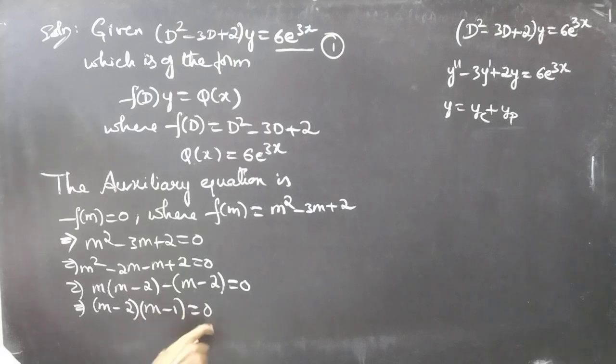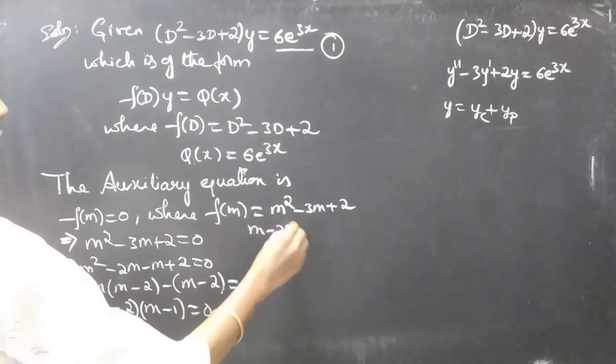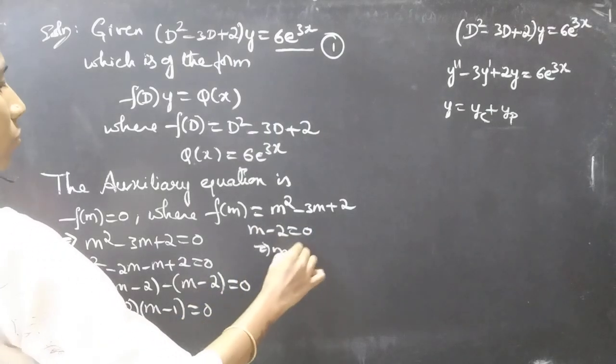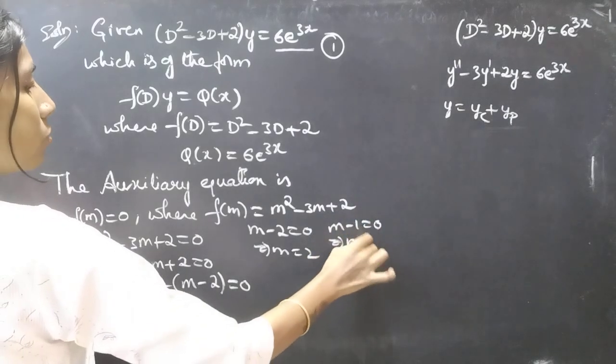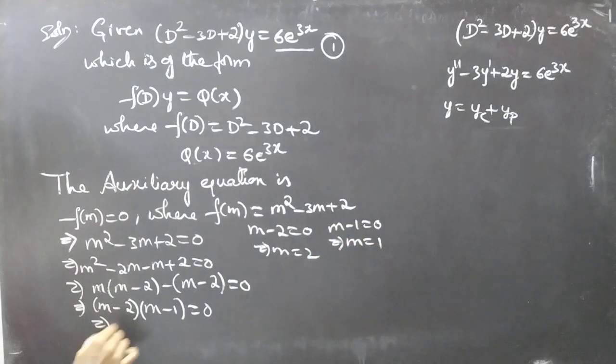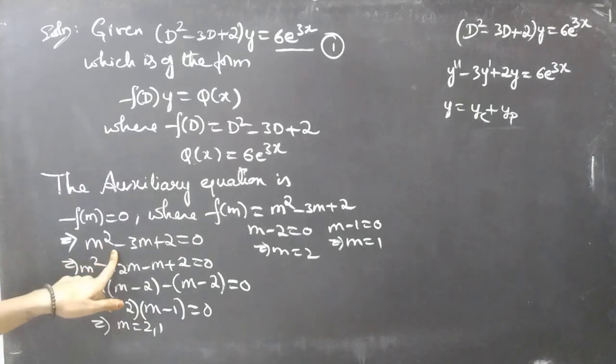Now equate each factor to 0. When m - 2 = 0, m = 2, and when m - 1 = 0, m = 1. The roots are real and distinct: m = 2, 1 are the real and distinct roots to the auxiliary equation.